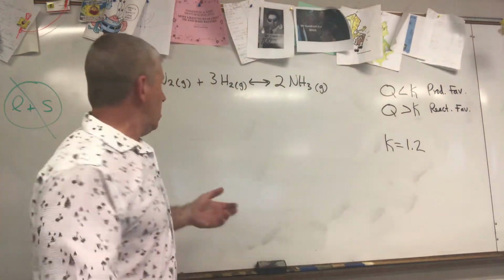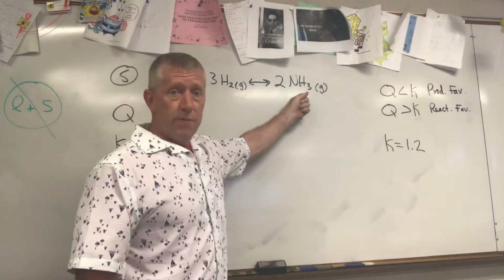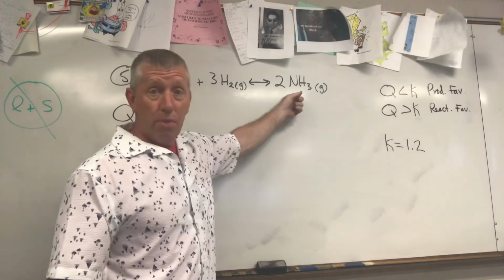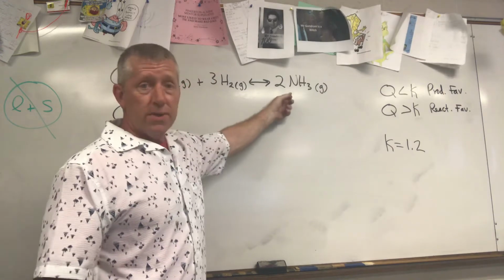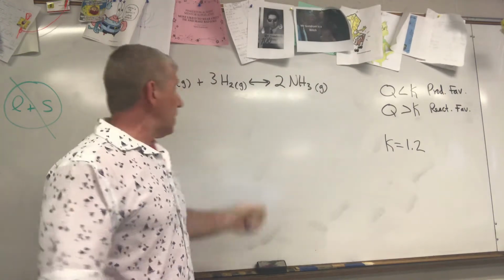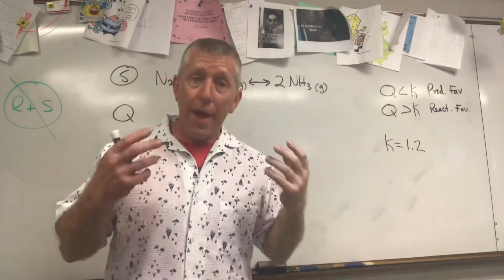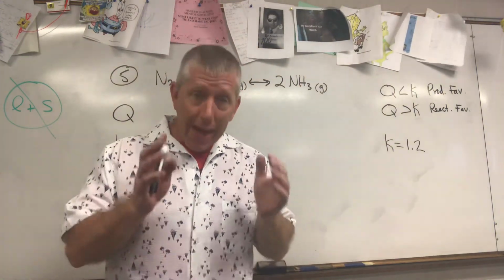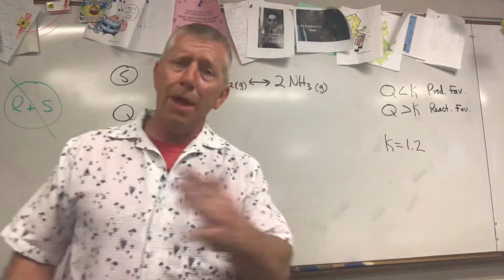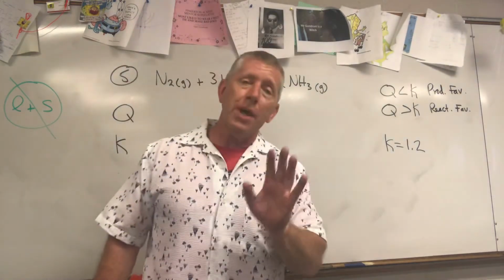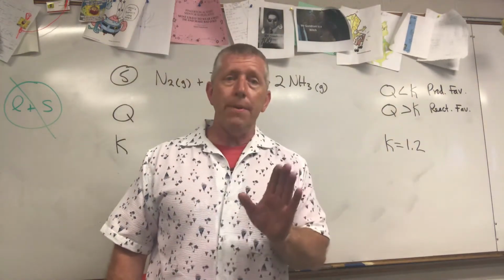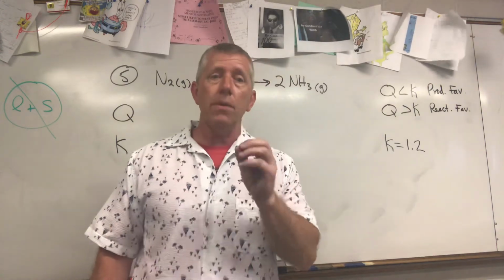Maybe we threw in so much of this that we're going to get more of this made. Maybe I threw in so much ammonia that I've got an overabundance of it, the reaction goes in the opposite direction and I make this. That's what a Q is going to help you figure out. The Q is going to help you figure out what's going to happen at the beginning of the reaction.